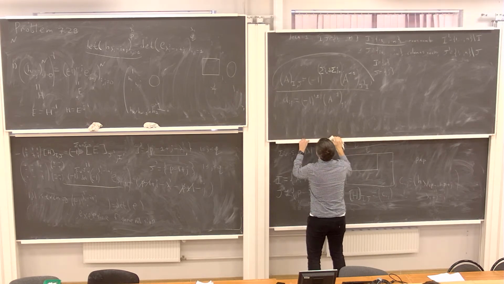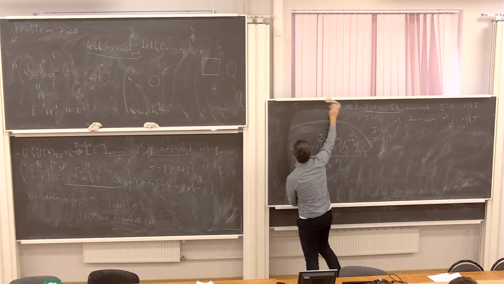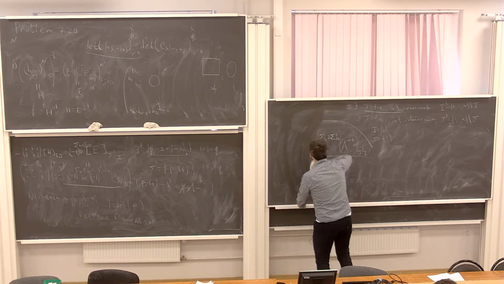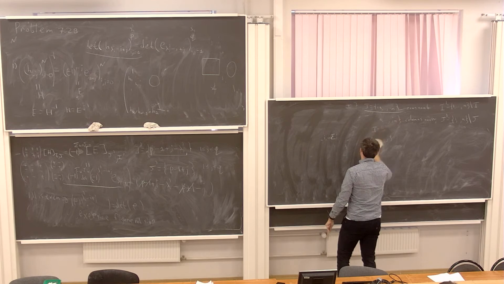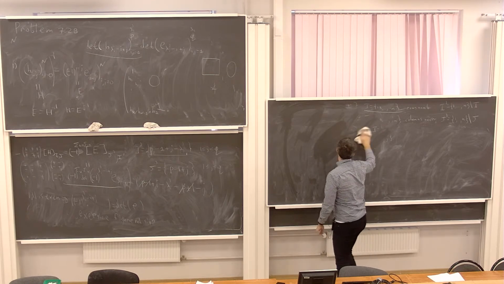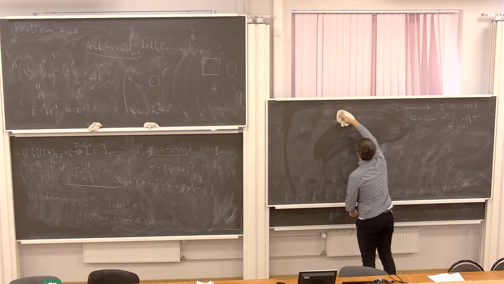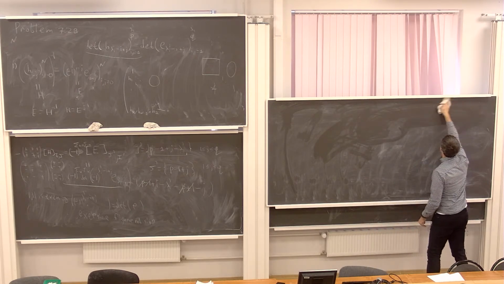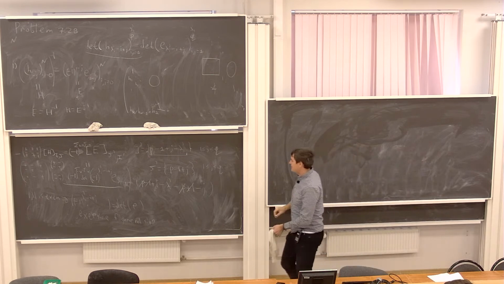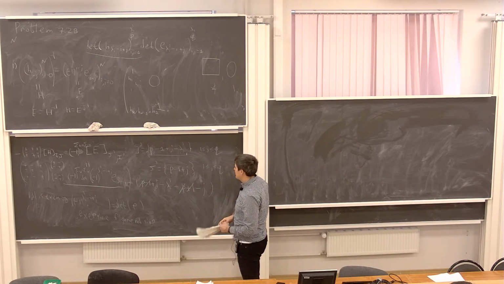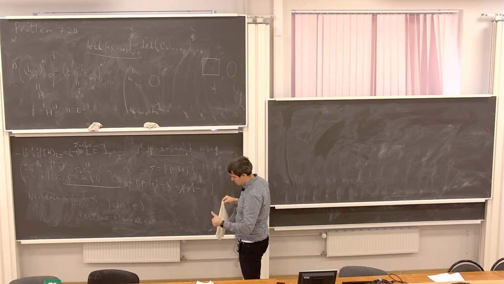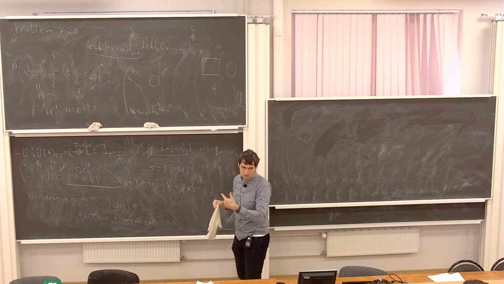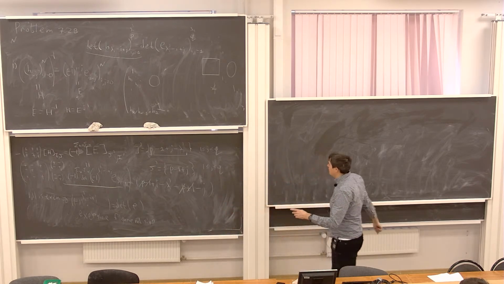Okay, so now let's solve 7.3. Probably the key point here is that your minor depends on the number of columns and rows in your Young diagram.